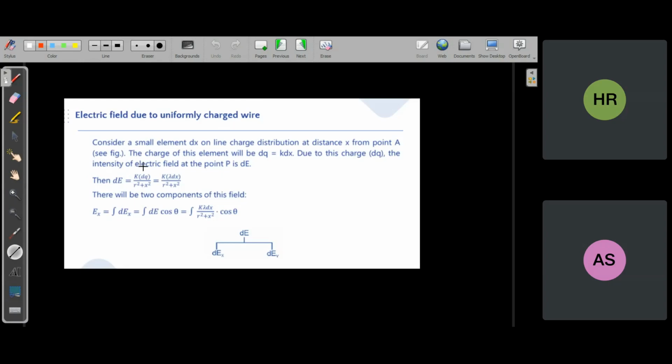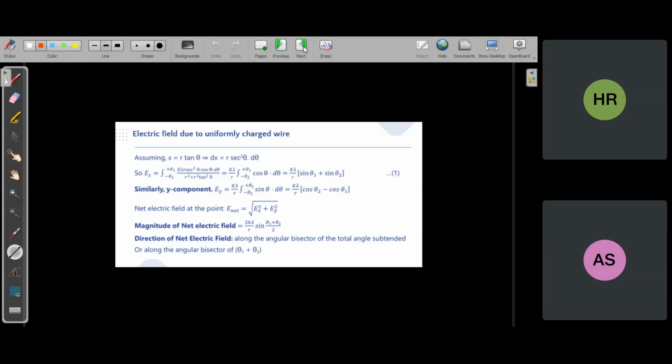And then again, same thing, you will find electric field because of that element, which is kq by distance square. And then again, you will integrate both the components. So first they have integrated the cos component, and again you will integrate the sine component.